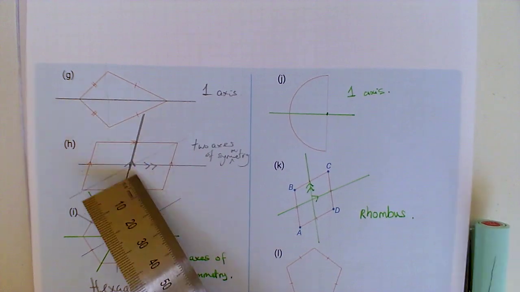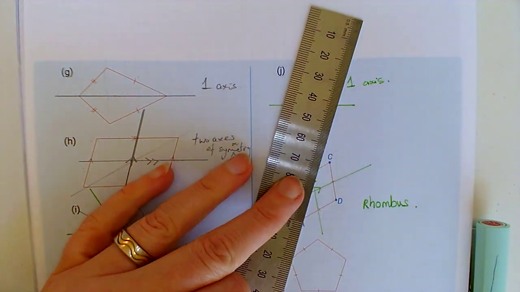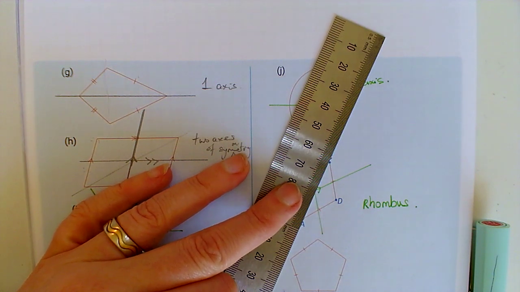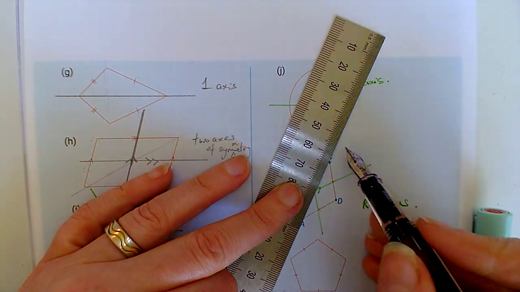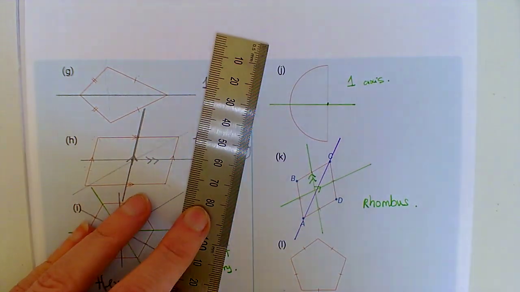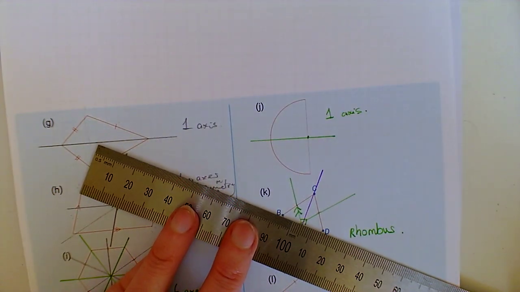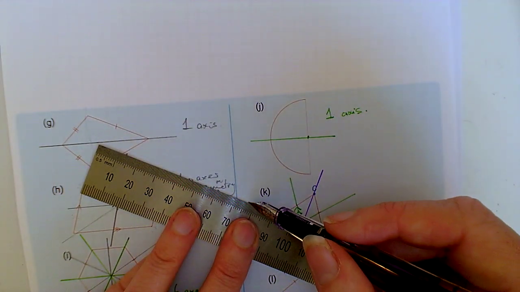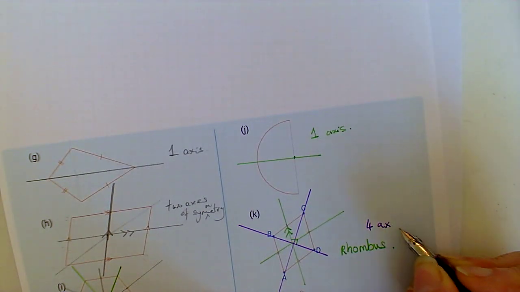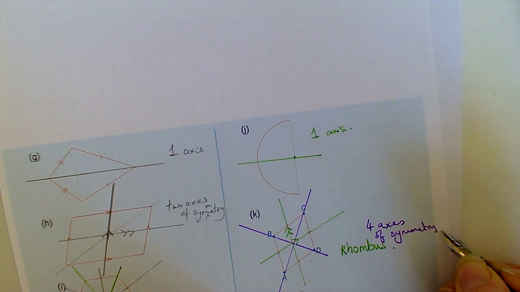Now we couldn't do it with this parallelogram, which is like a rectangular parallelogram, but a rhombus is a square parallelogram. Actually, they're not always parallel. It's just that all sides are equal. So we actually have another 2 axes of symmetry, just like we have with our square, going through the vertices as well. So a rhombus has 4 axes of symmetry.